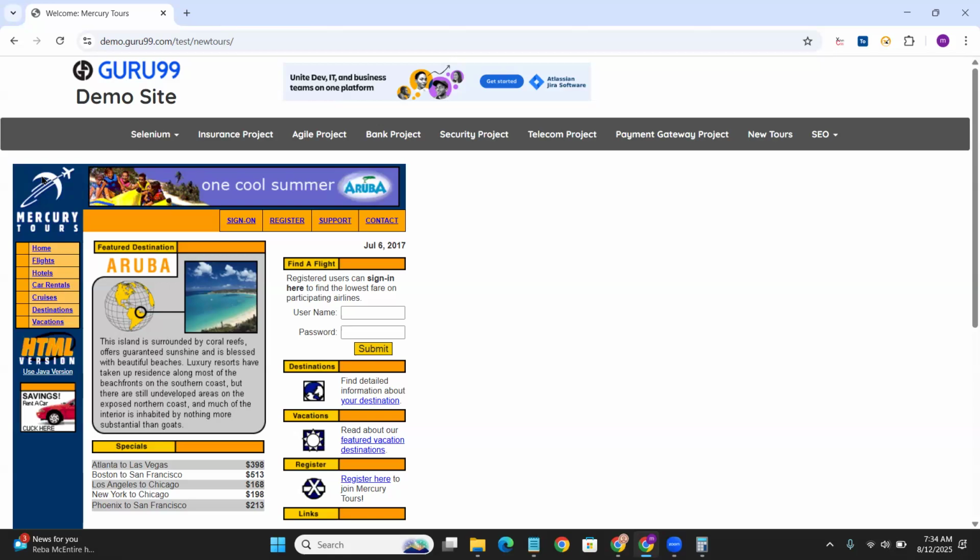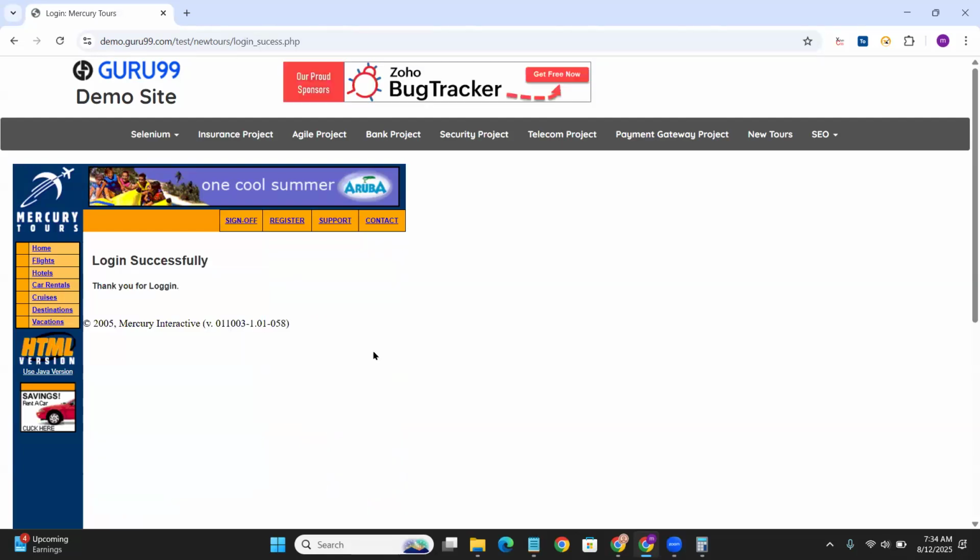An unsuccessful login operation and an error message should be displayed. Now if I click on submit, it responds with login successful. Is that a deviation or not? This is also a defect. So like this.